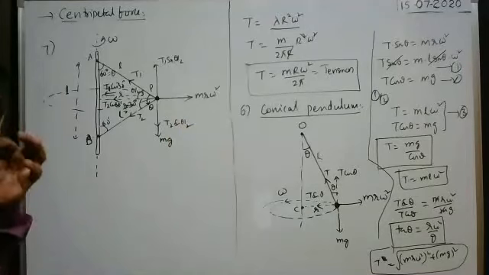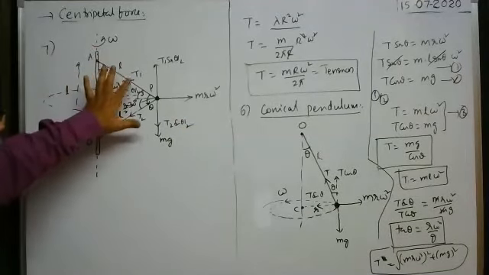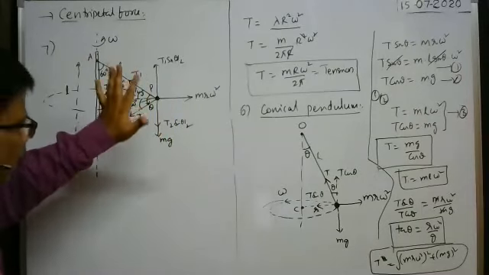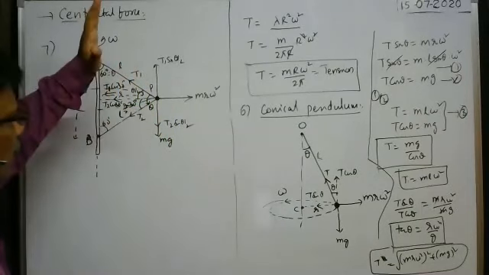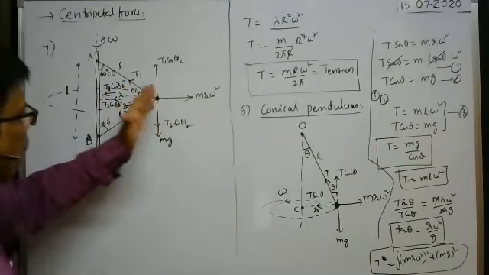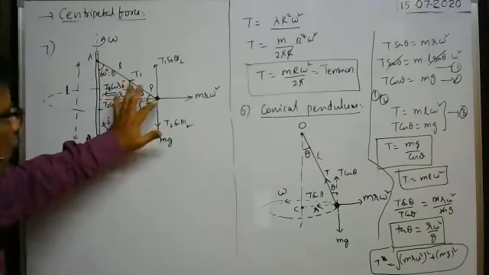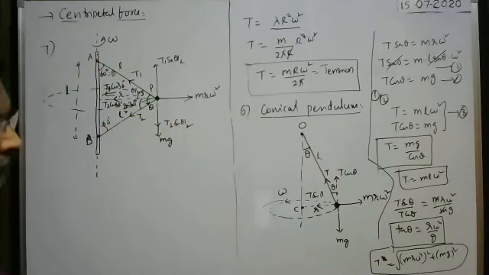Now, because of these three forces, T1, T2 and the centrifugal force, the particle is in equilibrium. It does not rise, fall downwards, or move away from or towards the axis of rotation. That means it is in equilibrium along the vertical direction and the horizontal direction.